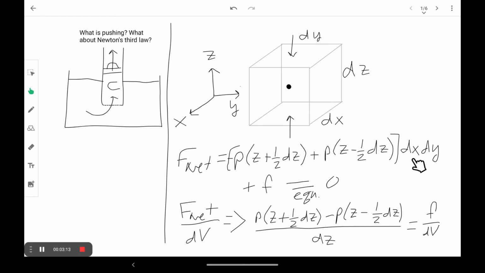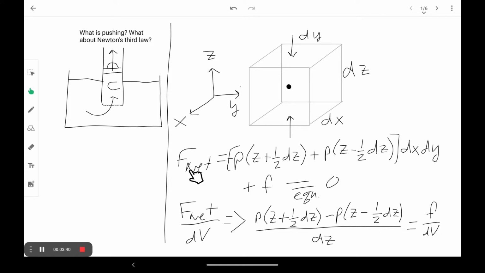Then I multiply it by the area to get a force. So this area is dy dx. That's the two sides. And then this cube is being pushed from the bottom with the pressure at the bottom, z minus 1/2 dz. So this is the difference in pressure, and this is the area of those faces, giving me the net force.